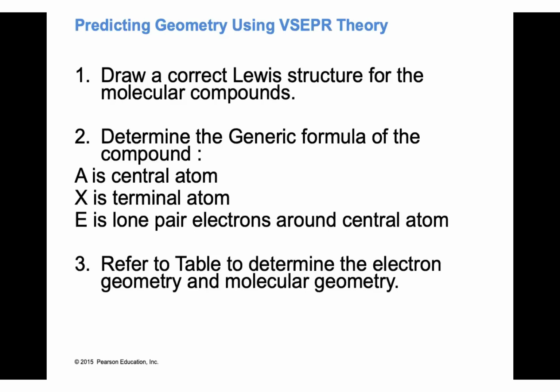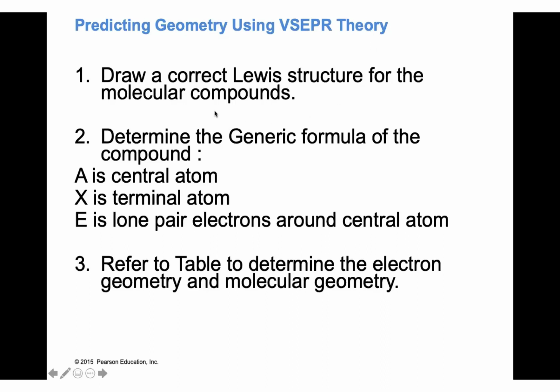So we only care about the VSEPR of the molecular compounds, non-metal and non-metal elements. So first, we should draw the correct Lewis structure. If you do not draw the correct Lewis structure, the other steps will be wrong, basically.